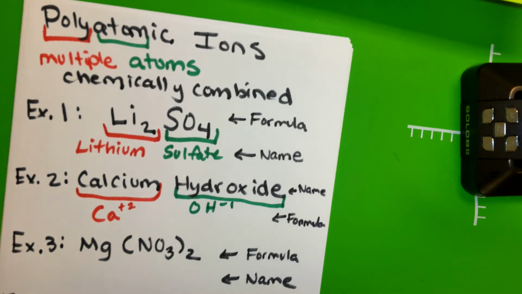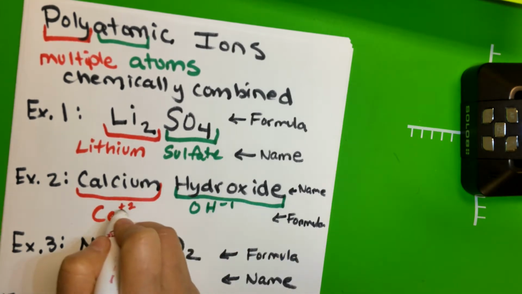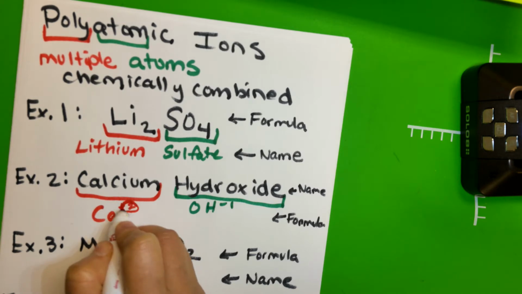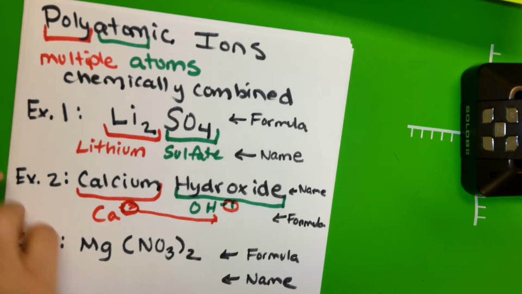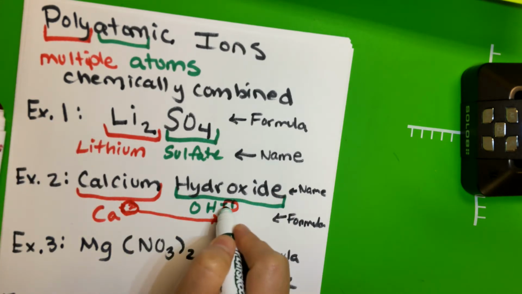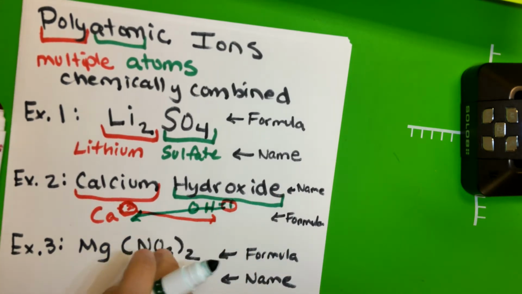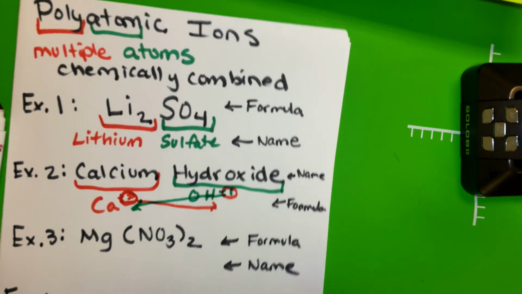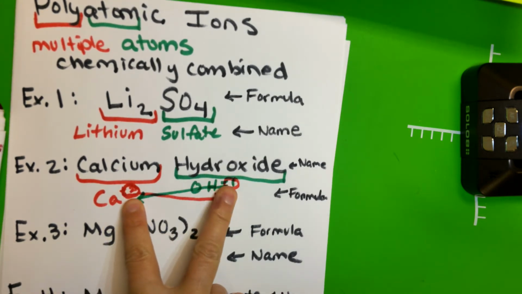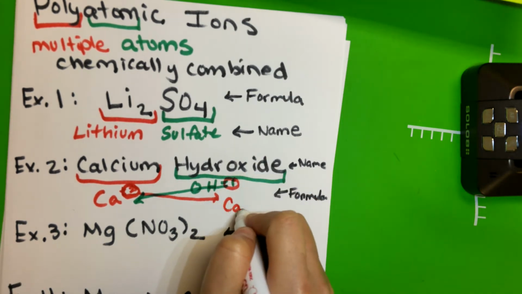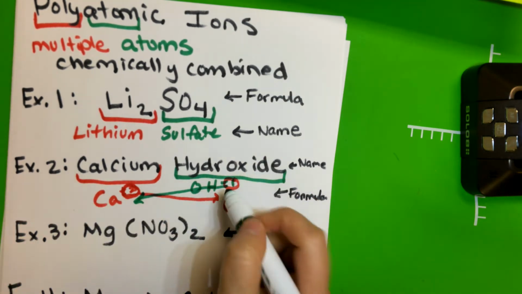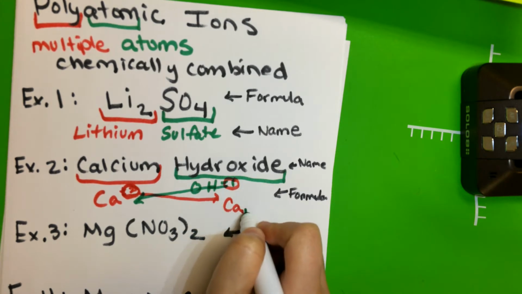Okay, so now we're not done yet. Now remember that these charges right here, they crisscross, but once they crisscross, they no longer have any more of that charge. So it would be calcium, and they would have only one, and I'm going to go ahead and put it in green so you can know how it crisscrosses.